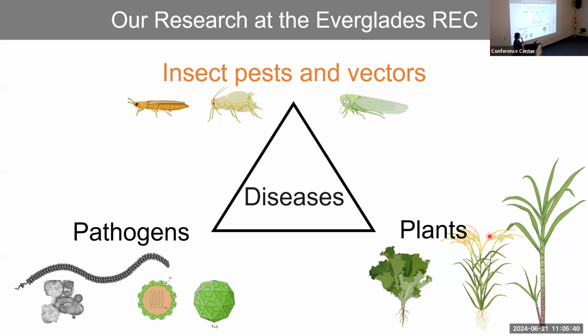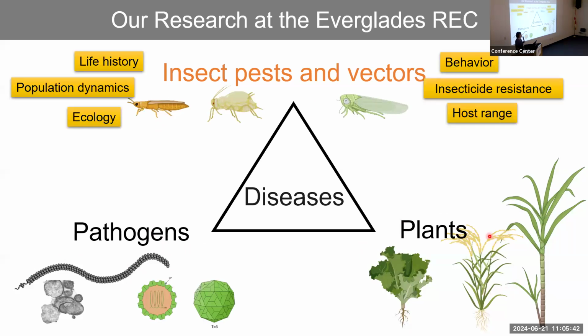So within this system, what we are interested in is the factors that can affect these insects directly. For example, their life history, their population dynamics, ecology, or insect behaviors, and they might also have insecticide resistance and their host range. All of these factors can directly affect this disease triangle.